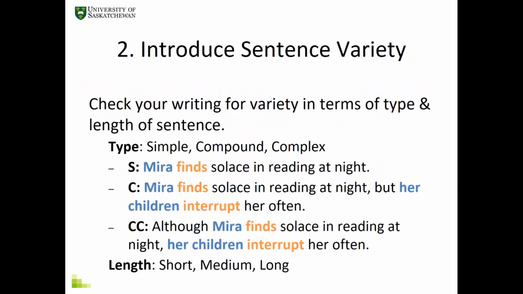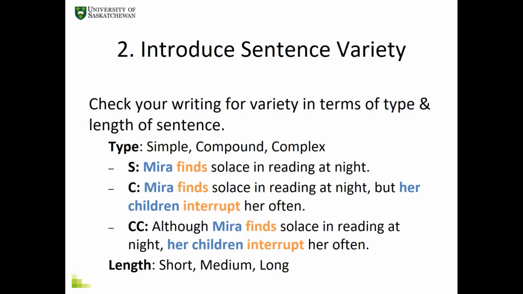Sentence variety. I'm not going to do a full grammar lesson on the three grammatical types of sentence in English. One is simple: subject, verb, object. One is compound: subject, verb, object, and a coordinating conjunction like but or and, and there are a number of them, and then another subject, verb, object.